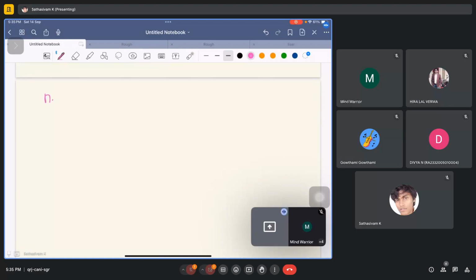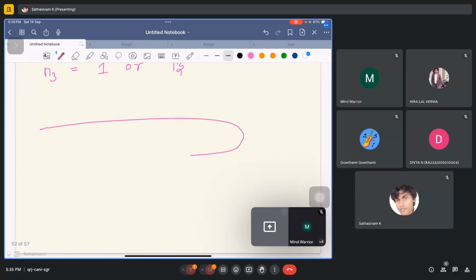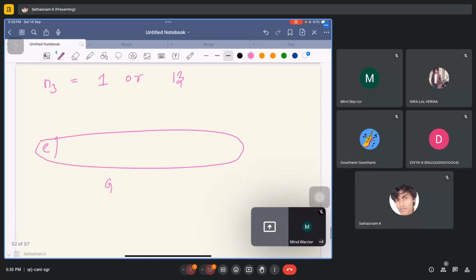So we have N3 is 1 or 13. Right. So let me write our group first here. This is my group G, and I have the identity element here. My group has order 3 times 13, right?